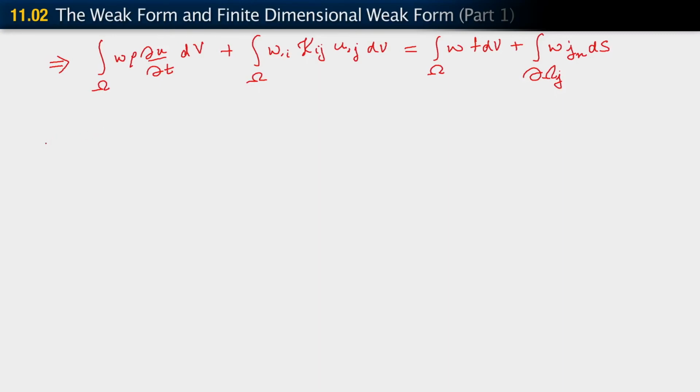The finite dimensional weak form from here is obtained by just observing that any attempts to solve the infinite dimensional weak form are not likely to be any easier than the strong form. So we decide to go to an approximate representation of it.